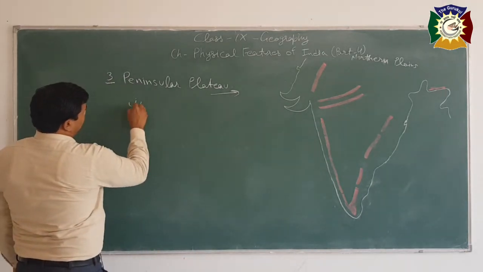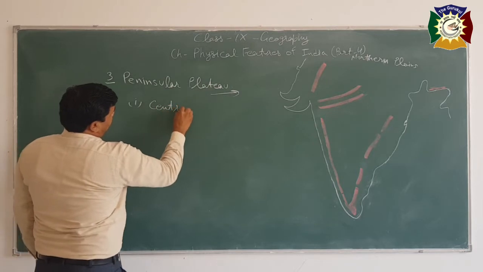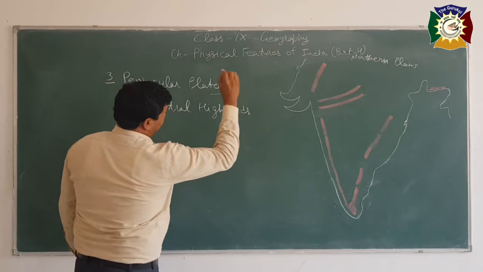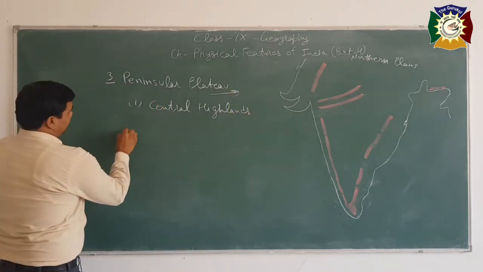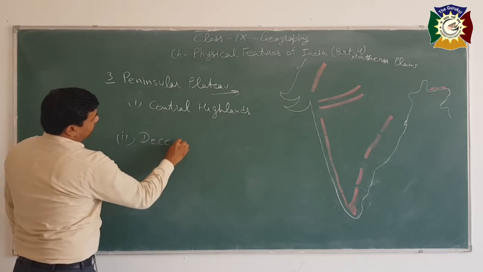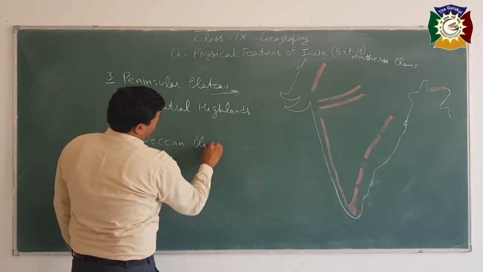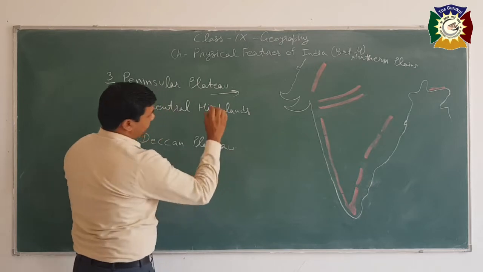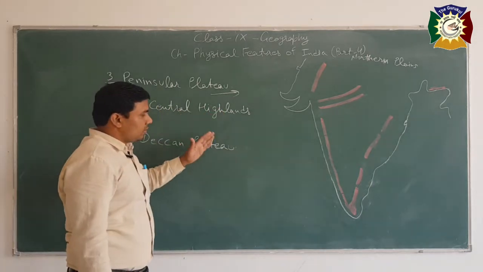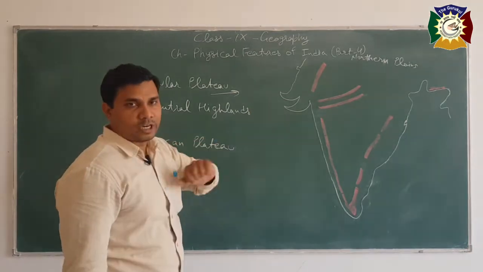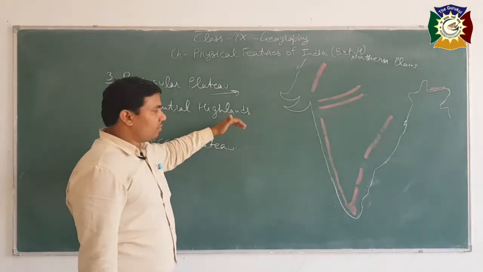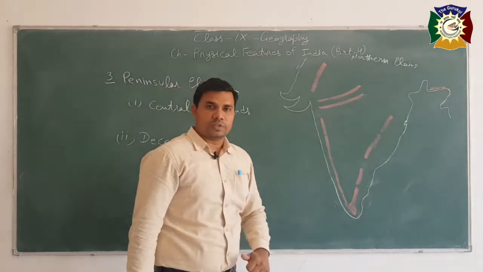First, Central Highlands, and second, Deccan Plateau. These two main categories are given in the chapter, but here I will tell you about the further divisions of these plateaux.